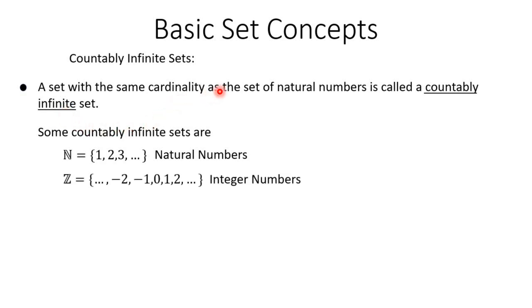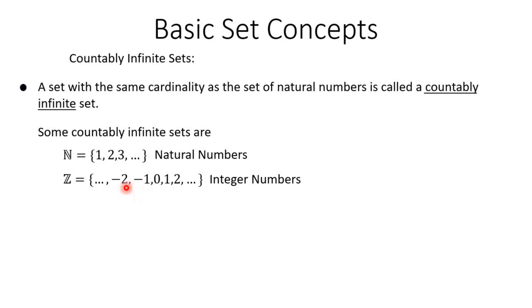We discussed this one. The set of integers. It turns out that the set of integers has the same number of elements as the set of natural numbers. How, you ask? It seems as though the set of integers has at least twice as many elements as the set of natural numbers, because not only do you have the natural numbers as a part of the set of integers, but you have the opposites and zero. So you have the negatives and zero included here.